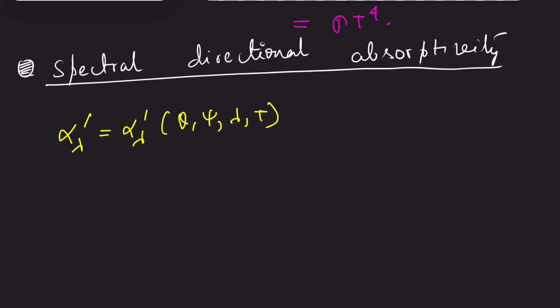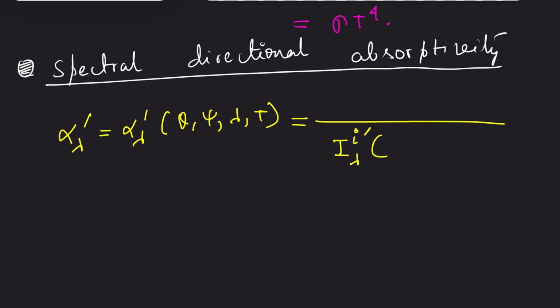Now the definition is not with respect to the black body, but with respect to the incoming intensity. So I will give a superscript small i that shows it is incoming radiation, and it is also a function of direction, so it will have a dash and lambda.